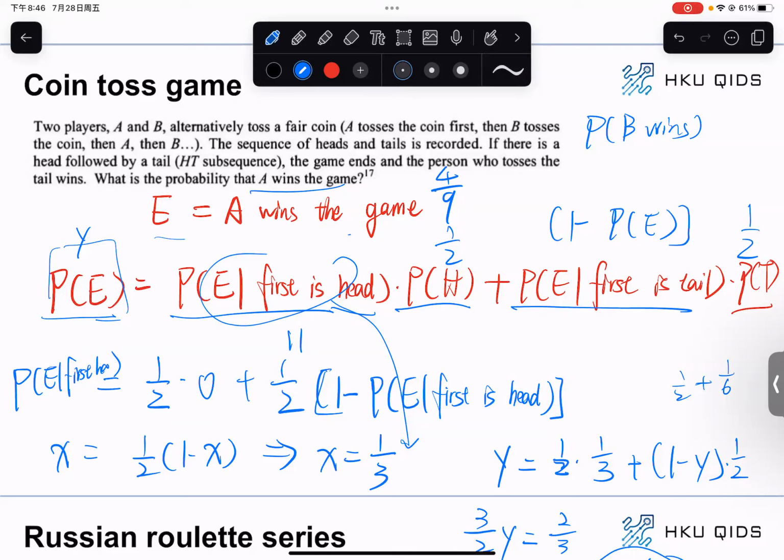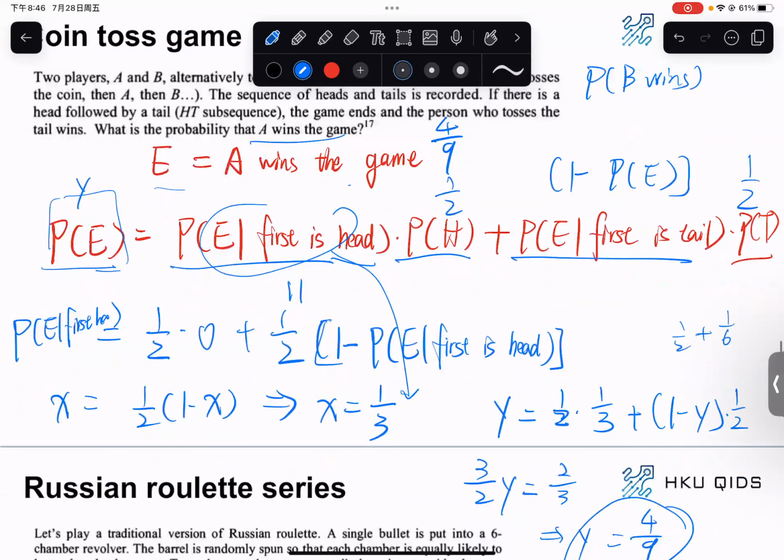There is no chance for A to win at its first toss, but there is a chance for B to win at B's first toss because he is the second player. So actually the later player has the advantage. So if you are the one playing this game, should you want to be A or B? You should choose to be B, okay?